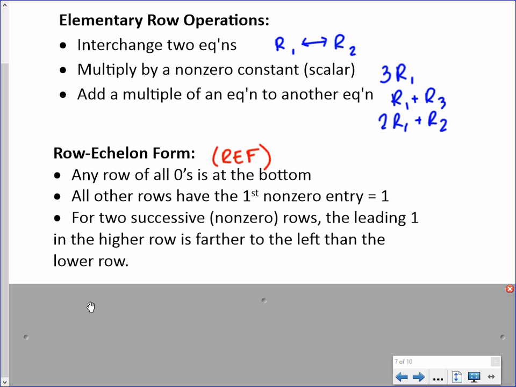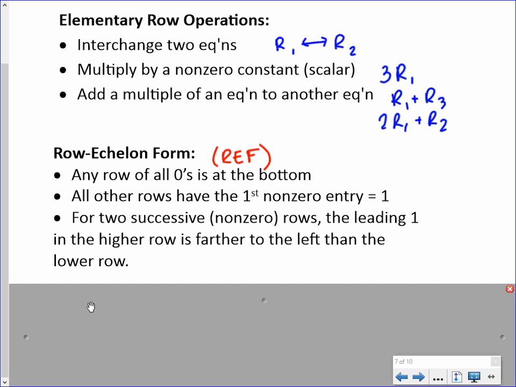Okay, so here are some things you need to know about row echelon form. If you have a row that has only zeros in it, it should be at the bottom of the matrix. That's a pretty boring row, okay, but it should be at the bottom. In all of the other rows, you can have other numbers, but the first number besides 0 in a row has to be 1.